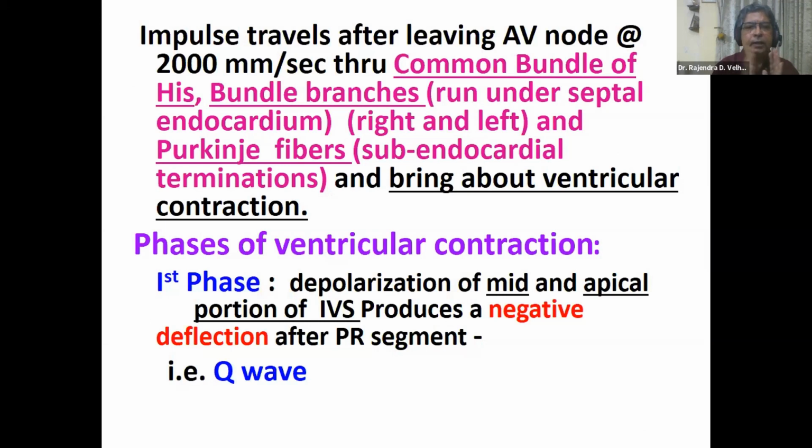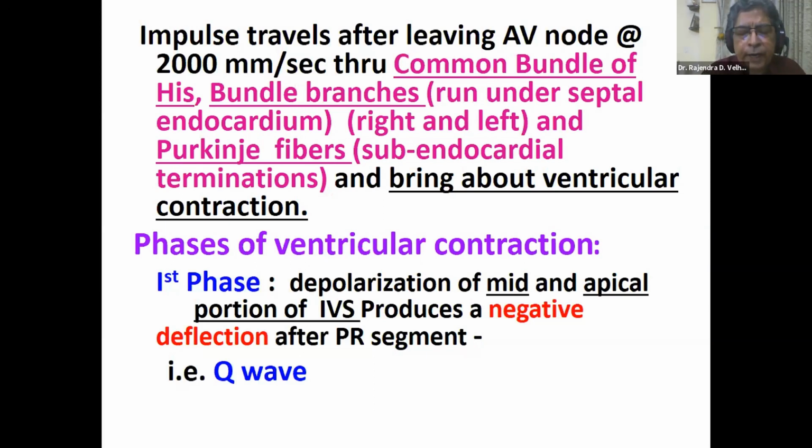Now, once the impulse crosses the AV node, it comes to the common bundle of His, and from there the impulse rapidly travels at a speed of 2000 millimeters per second through the His-Purkinje system, through the bundle branches and the Purkinje fibers, and brings about the depolarization of the entire ventricular myocardium.